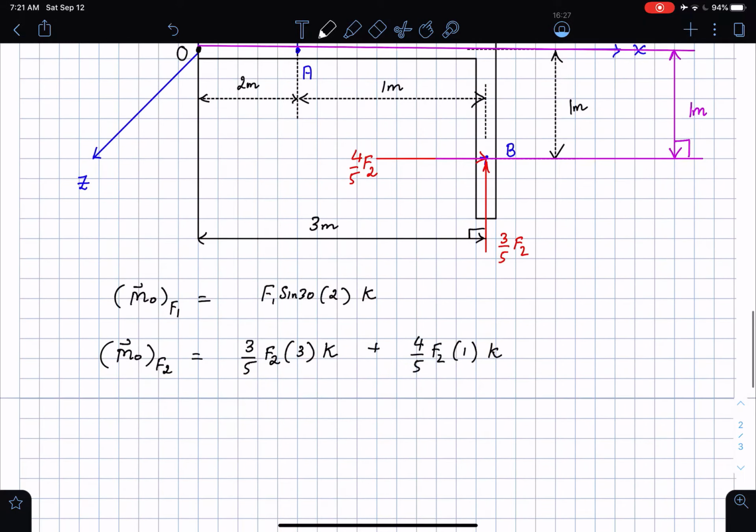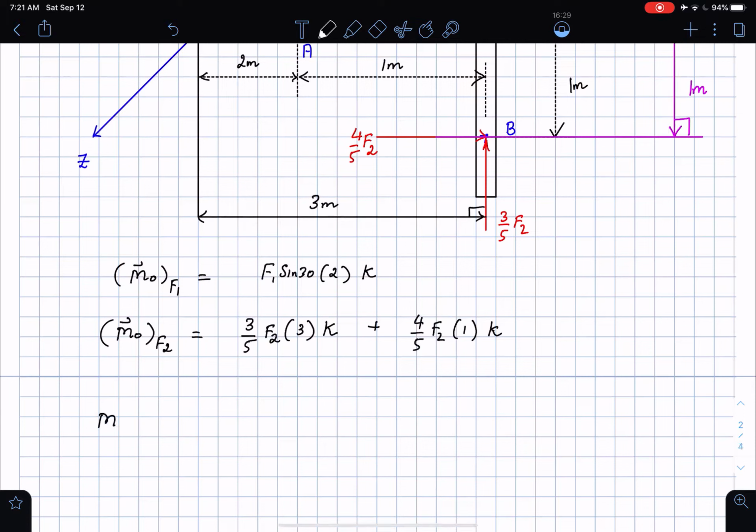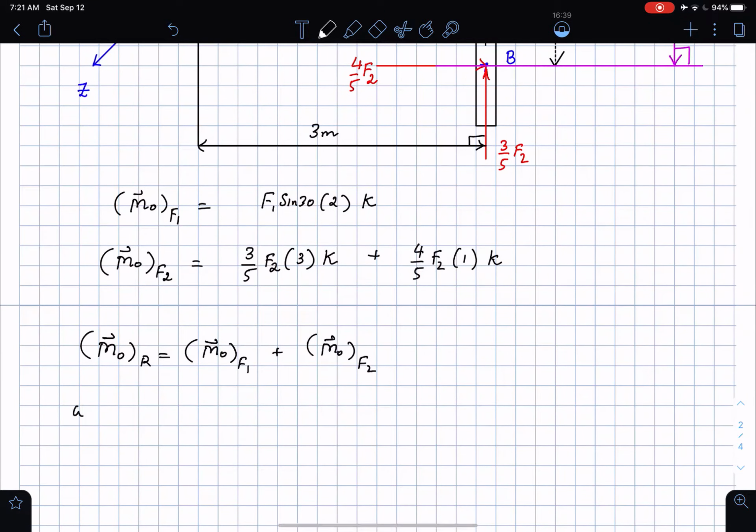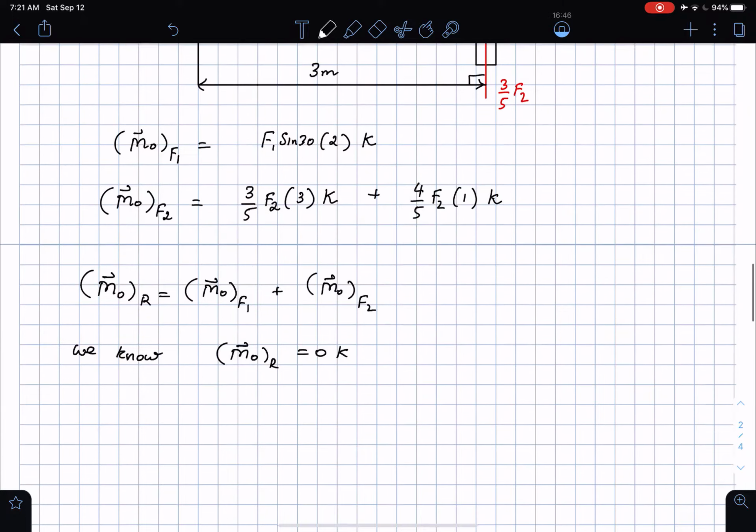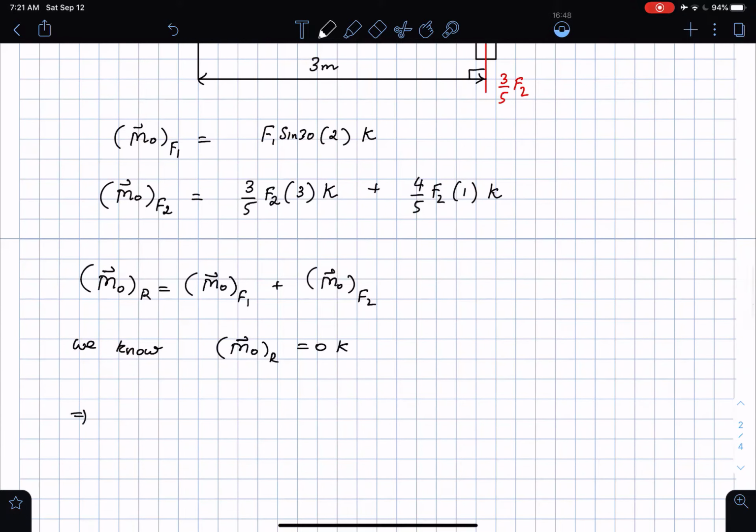So we have all these done, which means that the resultant moment about O is M_O due to F1 plus M_O due to F2, but we know that M_OR is 0K, so all I have to do is just substitute. So 0K is equal to F1, which was given to me as 1000.